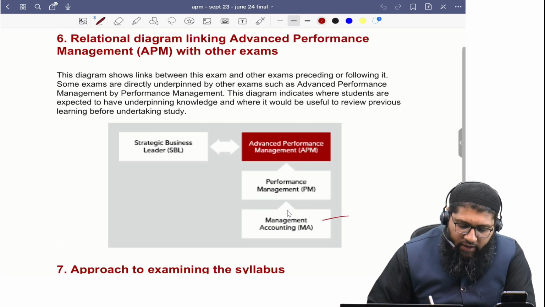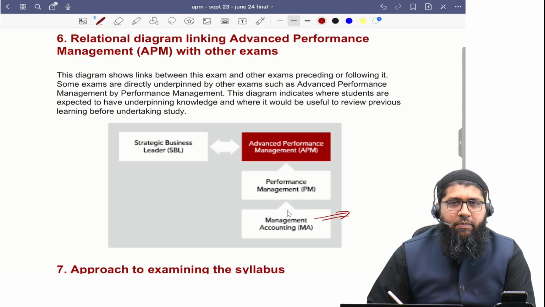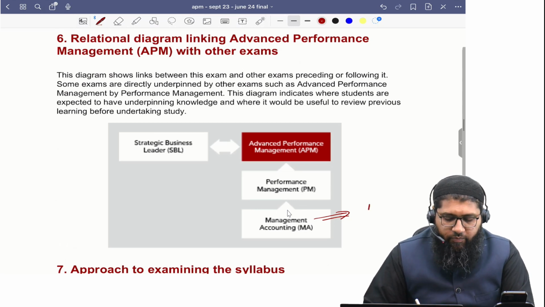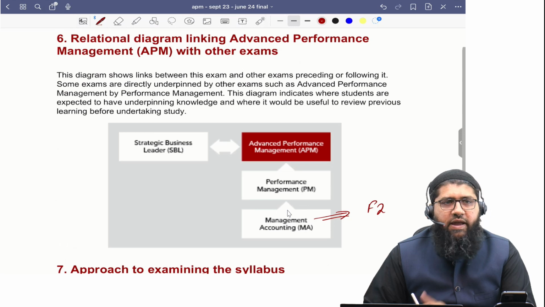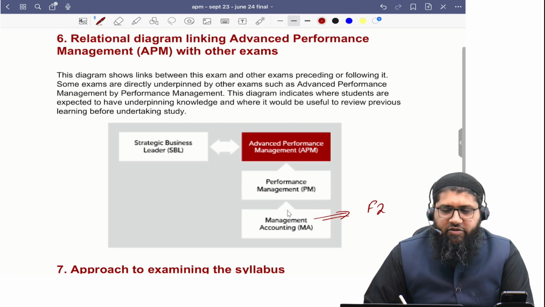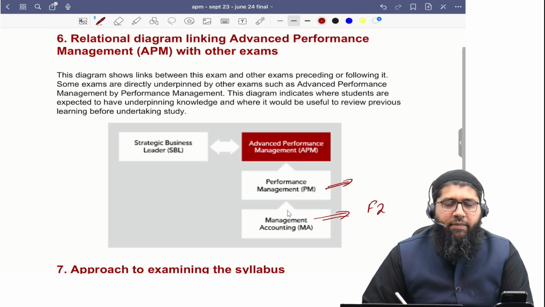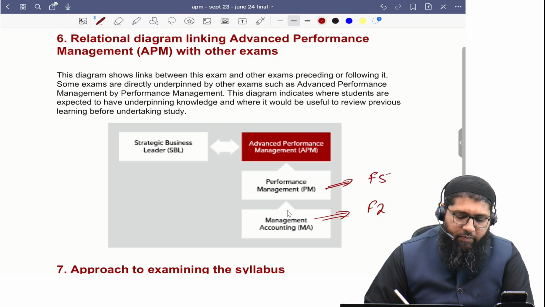As you know, you have studied the basic paper of management accounting, and some of you would have got exemptions for it also. This paper is termed the F2 paper, or management accounting. Then you've got performance management, which is the F5 paper.